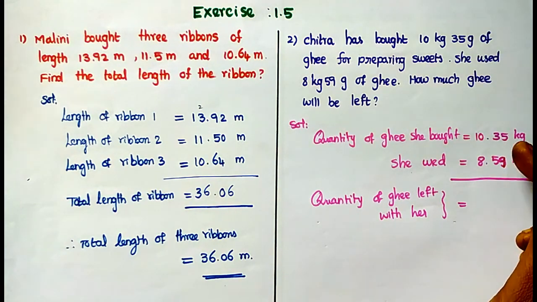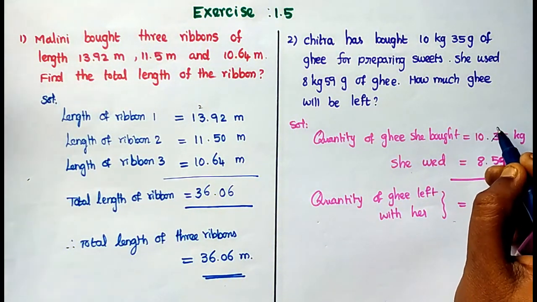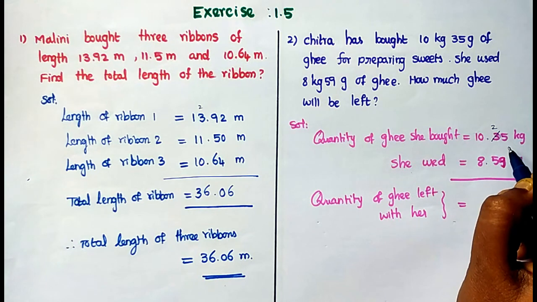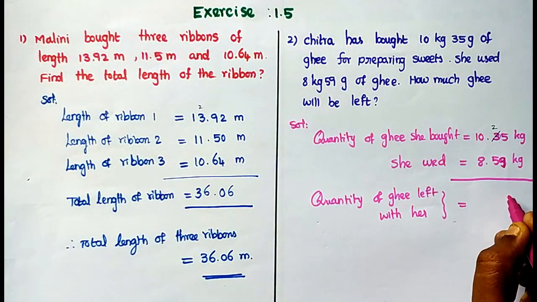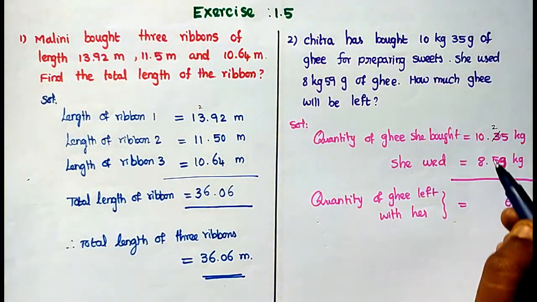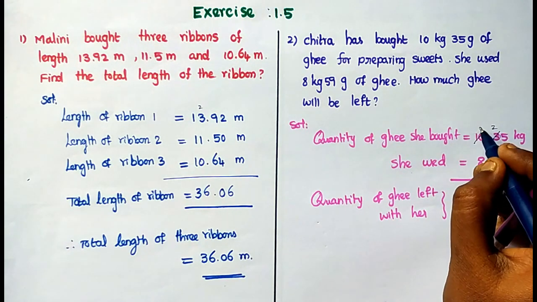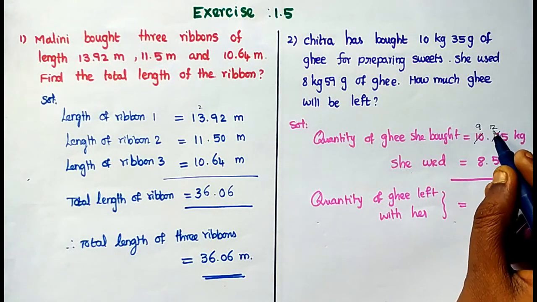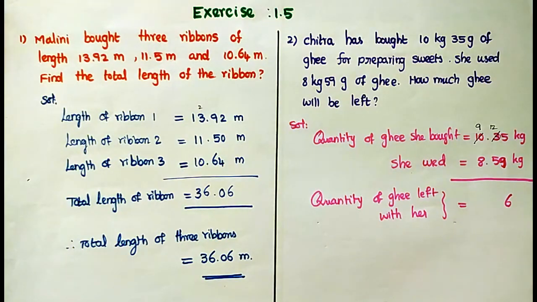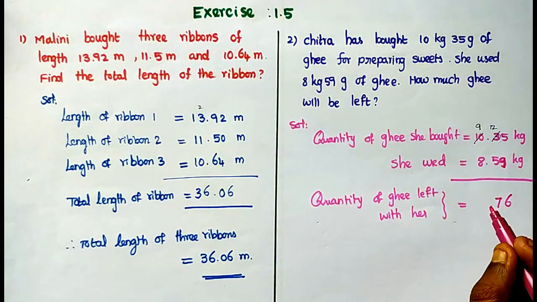5 minus 9, that is not possible. So from here we have to borrow. It becomes 15. 15 minus 9, that is 6. And then 2 minus 5 is not possible. Again we have to borrow 1 from here. It becomes 9 and it becomes 12. 12 minus 5, that is 7. 9 minus 8, 1.